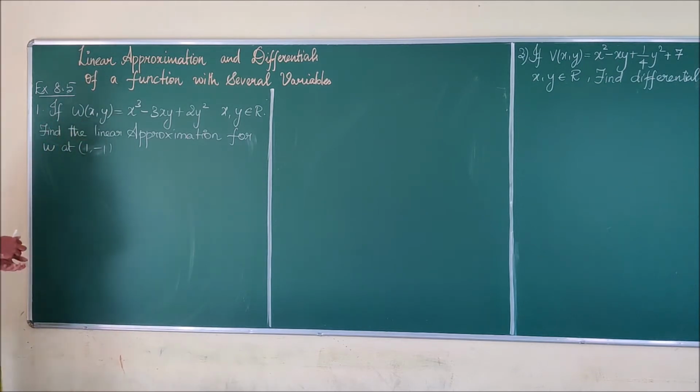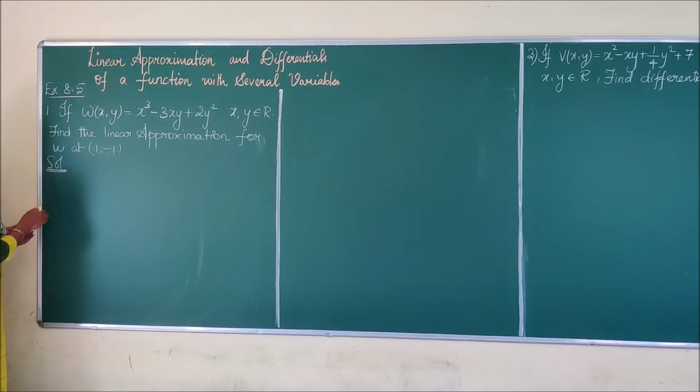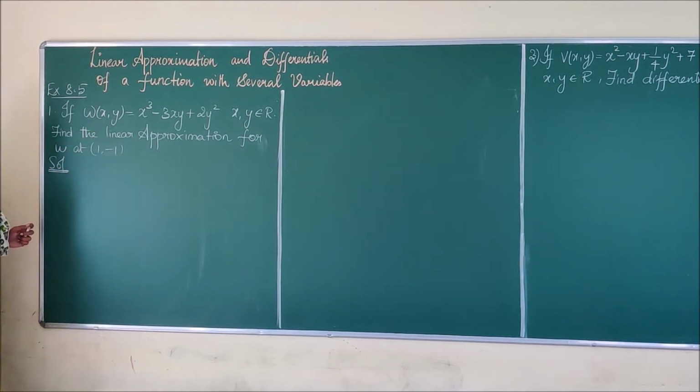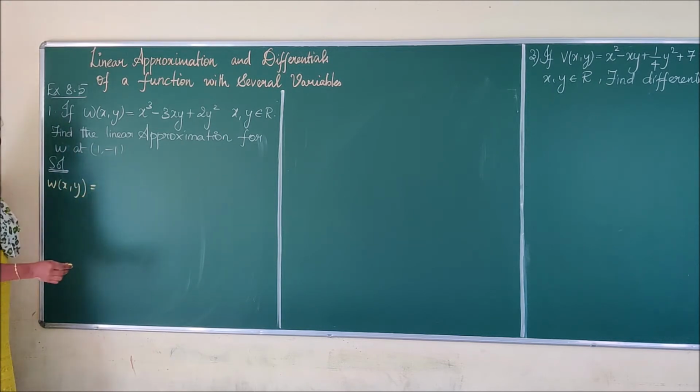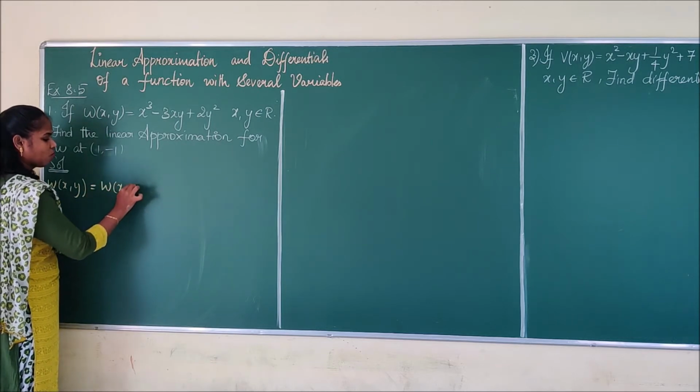Okay. So now we are just going to write the formula for linear approximation. My function is W of x comma y. So I am going to write W of x comma y, which is equal to, first thing what we have to write is W of x naught comma y naught.